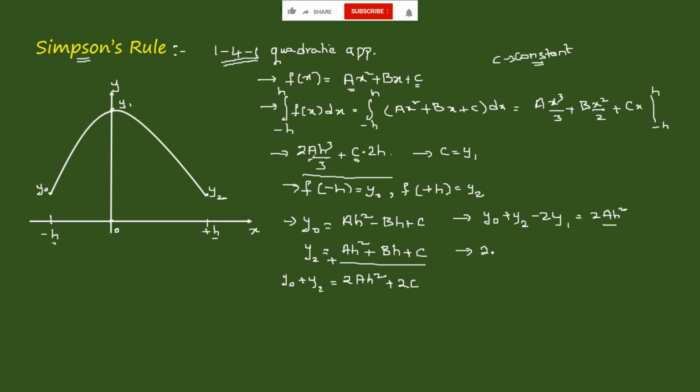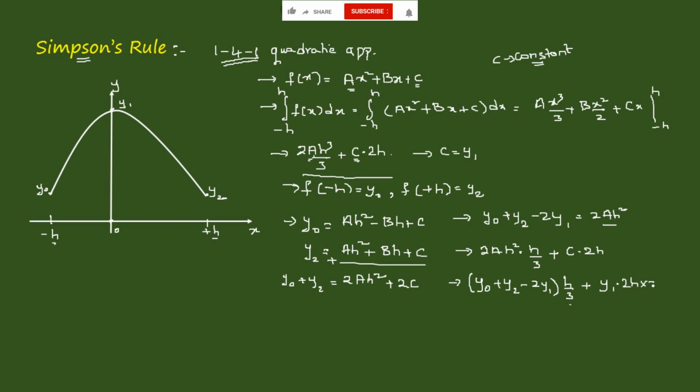But from the integral equation, we have got the value with h cube, and here we got an h square value. So we substitute it such that 2a into h square into h by 3 plus c into 2h. 2 into a into h square is nothing but y0 plus y2 minus 2y1. Substituting, we get y0 plus y2 minus 2 times y1, into h by 3, plus c, which is y1, into 2h.